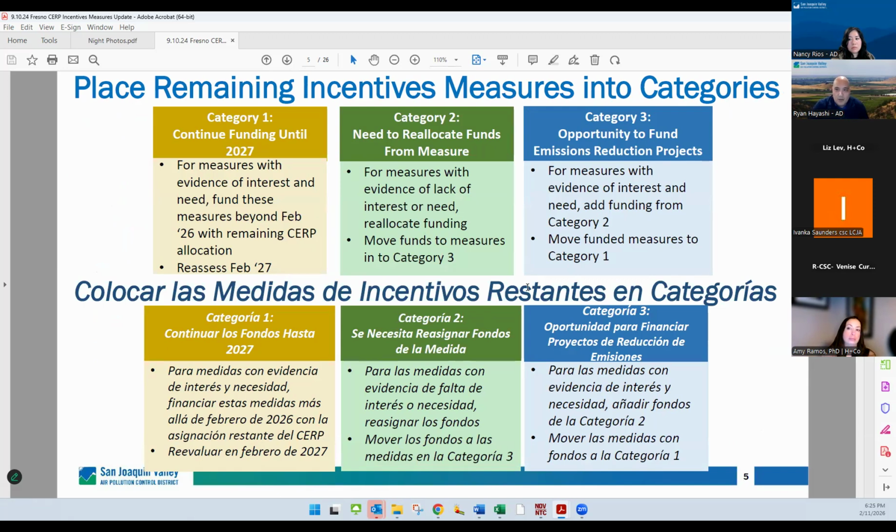Kind of going back to when we initially developed this method of sharing out information, the different types of categories, going back to October 24, the CSC had recommended to the district that we needed to think of a new way in which to bring updates on where we're at in tracking progress of implementing measures, especially with the focus of how we may need to reallocate funding.